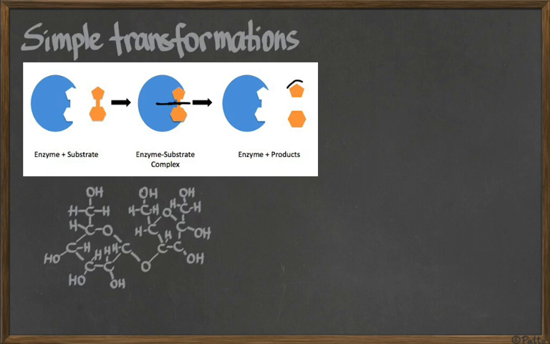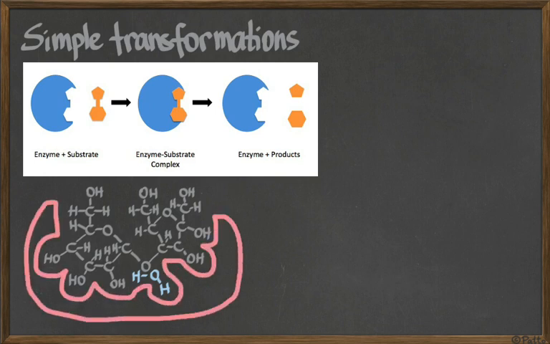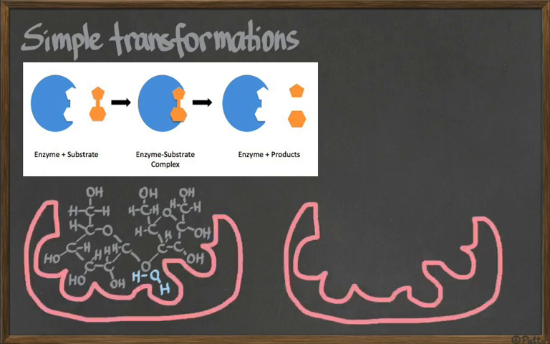Then you have products, which are going to be a fructose and a glucose, and you have a simple transformation. As you can see, we have water being put into that molecule, and the enzyme is putting the water in the right position. You just break it down.